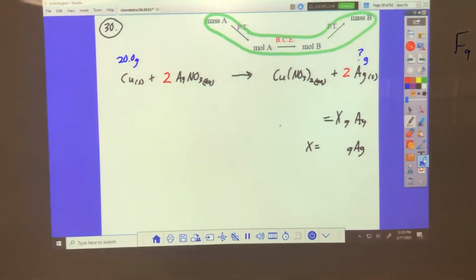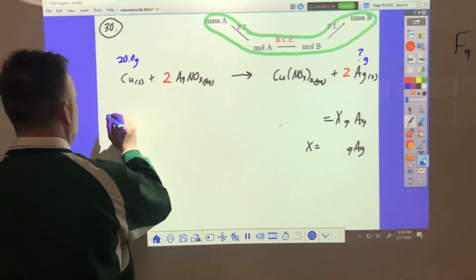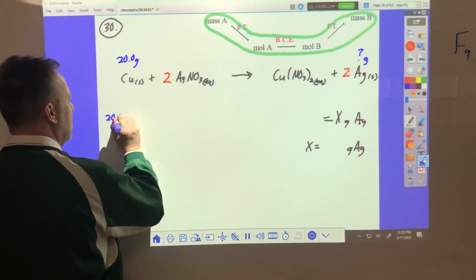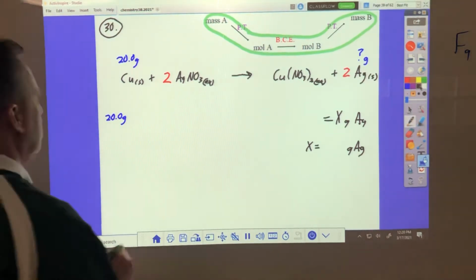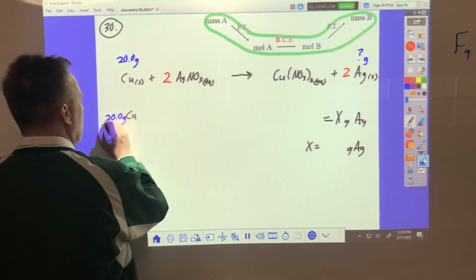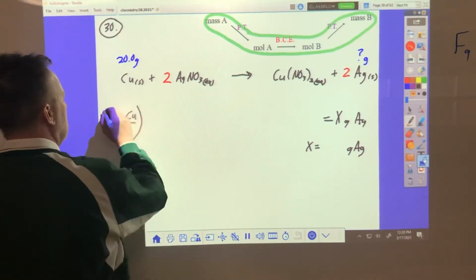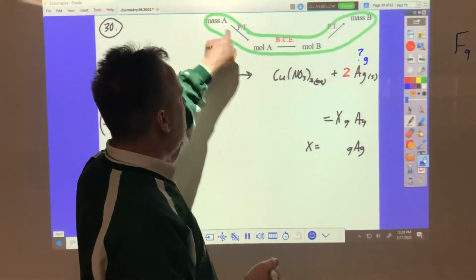Now let's put what we do know. We have 20.0 grams of copper over 1. And we want to go to grams.